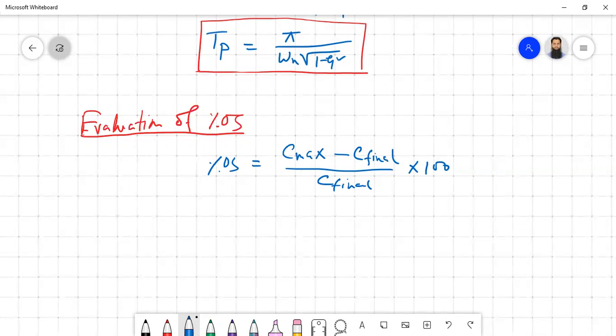Now we have to find out what C max is. We know that at t equal to Tp, whatever the value of the response is, that is C max. So basically C(Tp) should be equal to C max. Whenever the maximum is achieved, whatever the value is at that time gives you the maximum value.